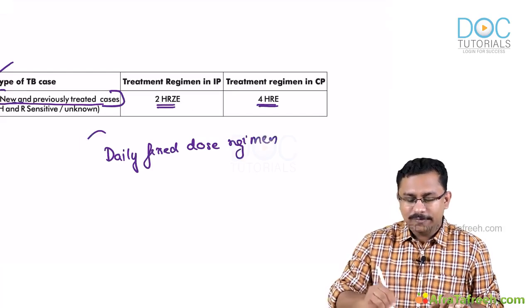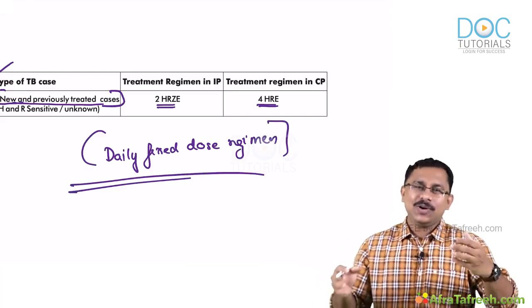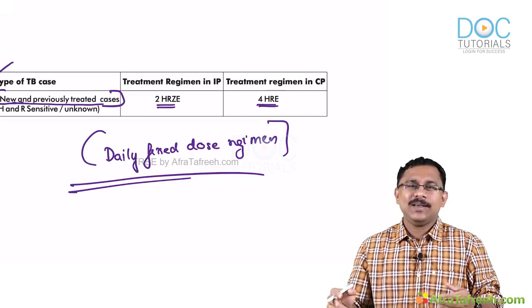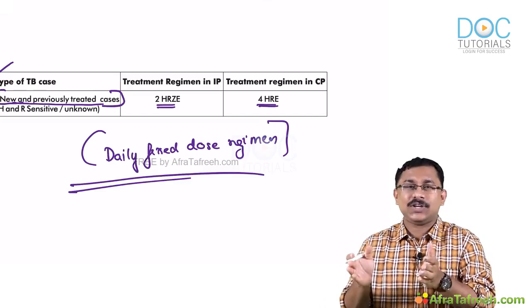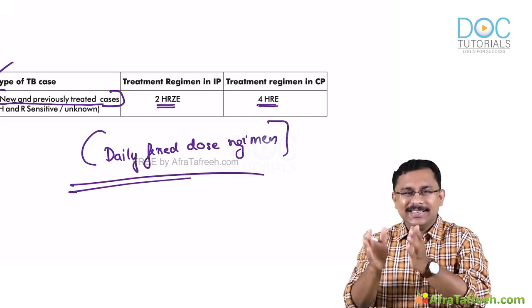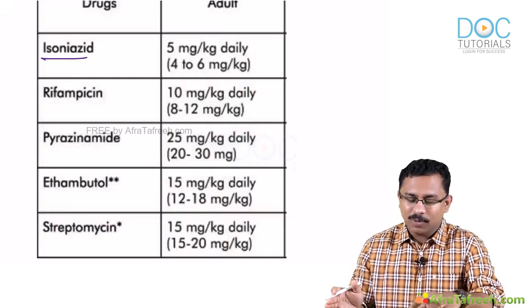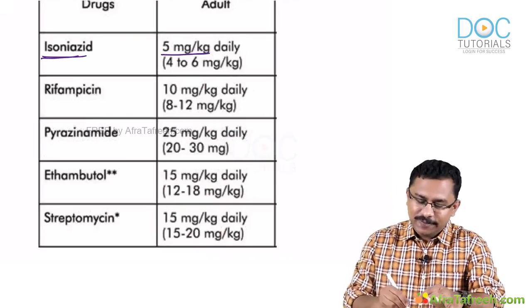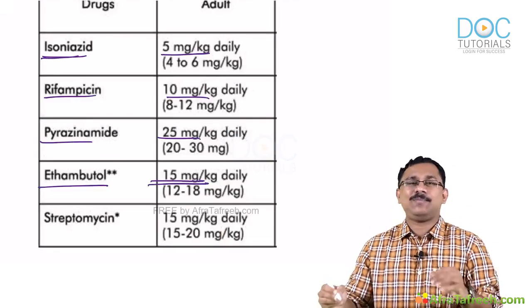Even in the previous RNTCP they were saying daily dose, but I just want to tell you that it is not like you give it once in 3 days or so. It is given daily. That is what is currently followed. And what is the dosing schedule? For INH it is 5 mg per kg, rifampicin 10, pyrazinamide 25, ethambutol 15 mg per kg.